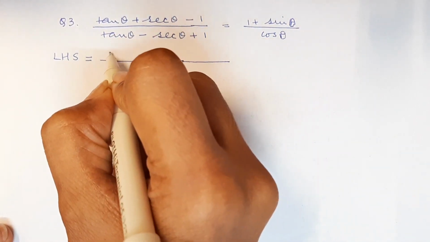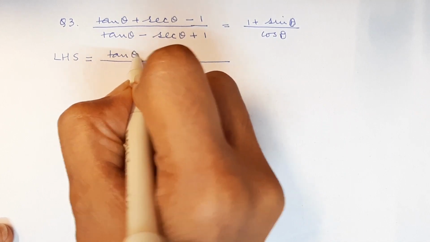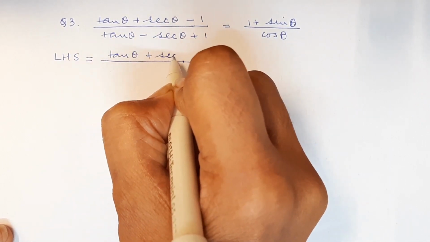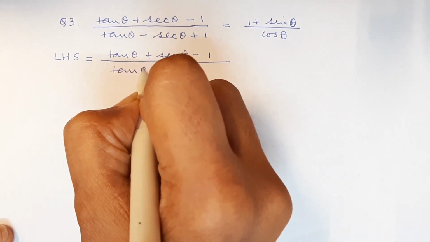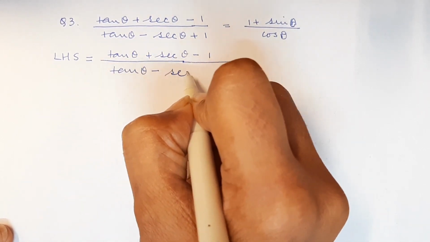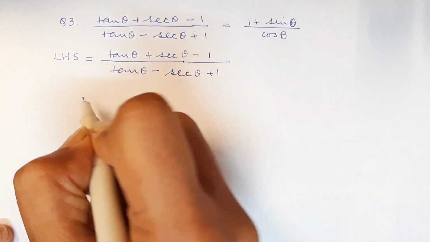We will take LHS: tan theta plus sec theta minus 1, and here tan theta minus sec theta plus 1.